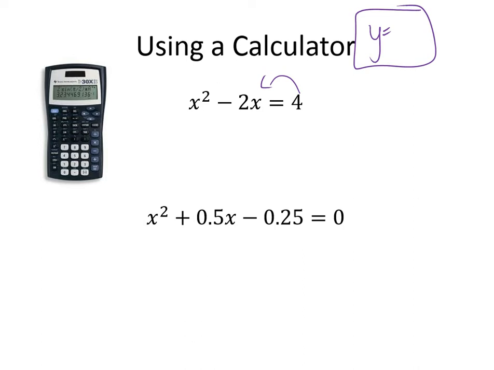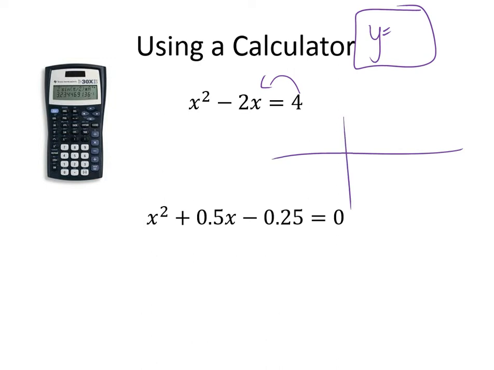Then you go to second, calc, and there should be a button called zero. The other way of doing it is plugging in another equation of y equals 0 and then finding the intersects. But there should be one that says zero, and from there it'll ask for a left and right bound.